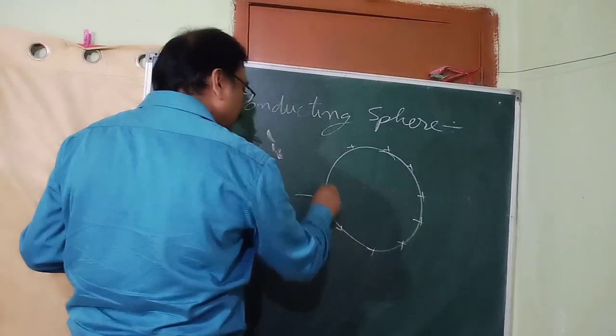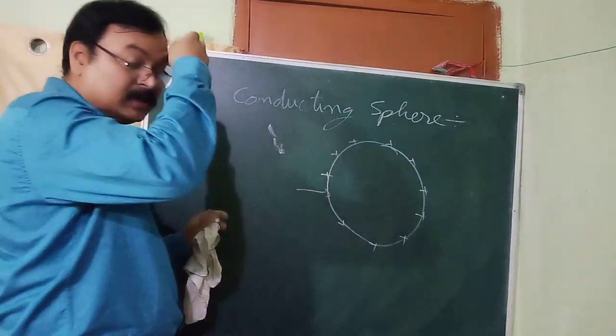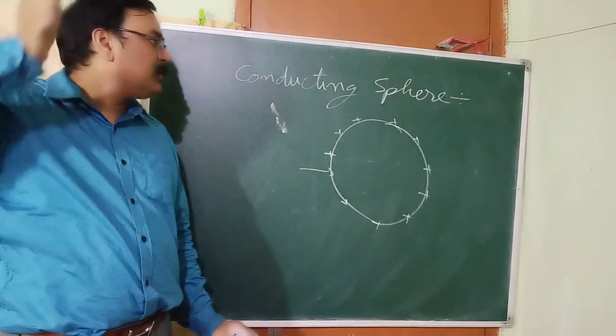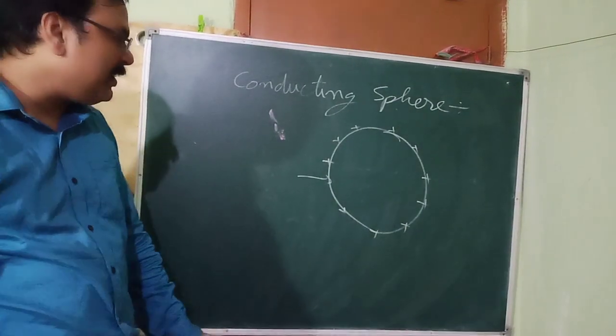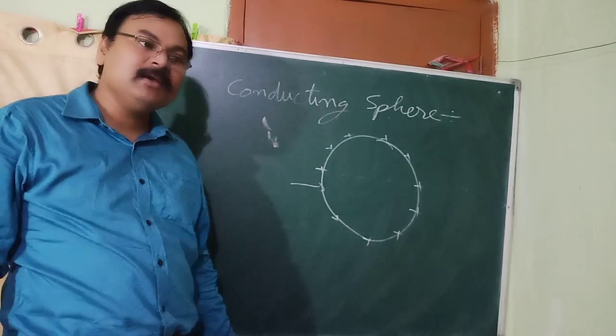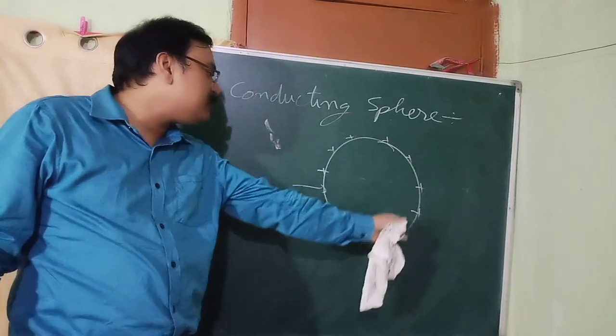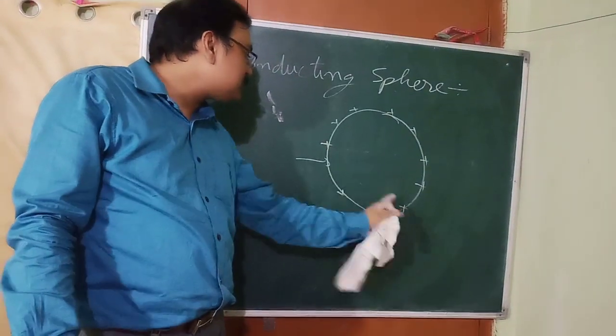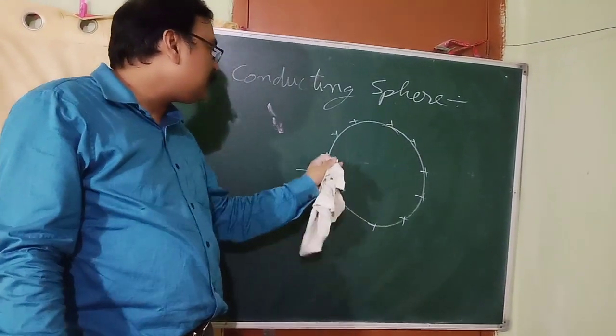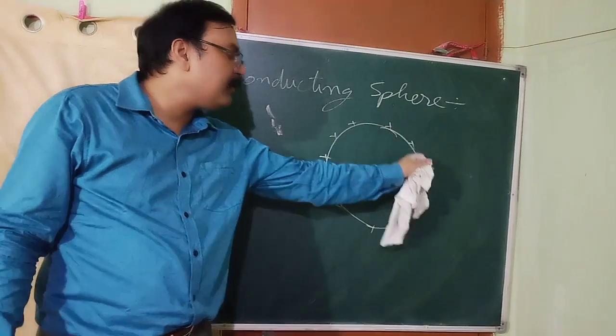They always lie on the surface of a conducting body. Why? Because they repel each other, so they try to maintain maximum distance. Second, on a conductor charges can move freely, so they arrange themselves on the surface, because there they have maximum distance from each other.